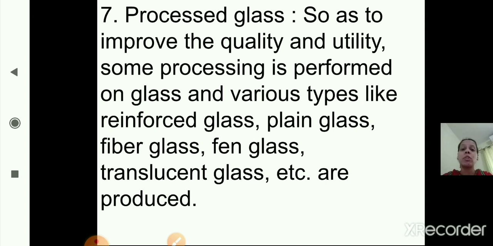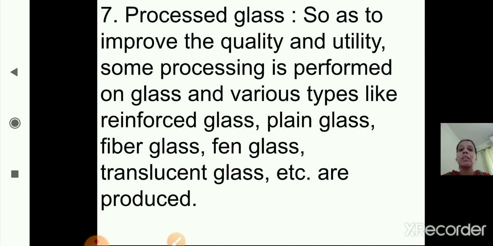So as to improve the quality and the usefulness of glass, some processing is performed on glass and various types of glasses are made, like reinforced glass, plain glass, fiberglass, pane glass, translucent glass, etc. So this is the seventh type, that is processed glass.